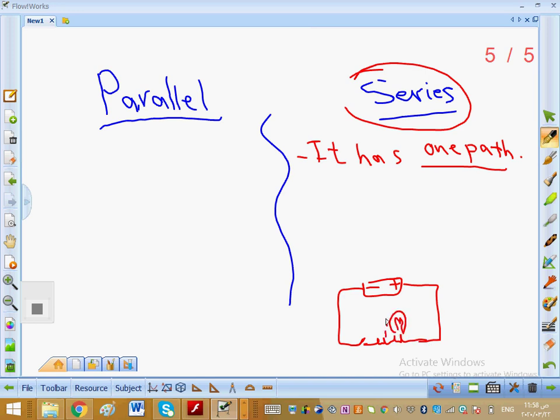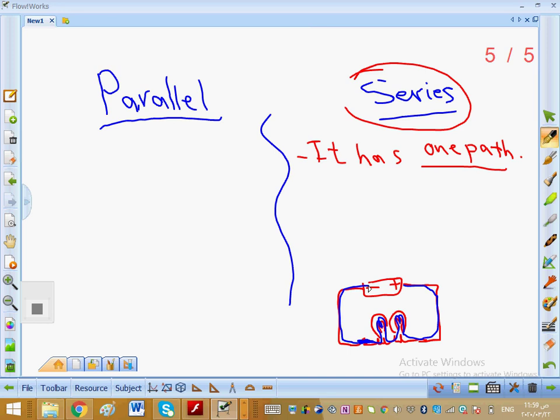So in this way, electricity will move in one path, the first, then to the second, then when we close the switch, till here. So electricity can flow in one path.